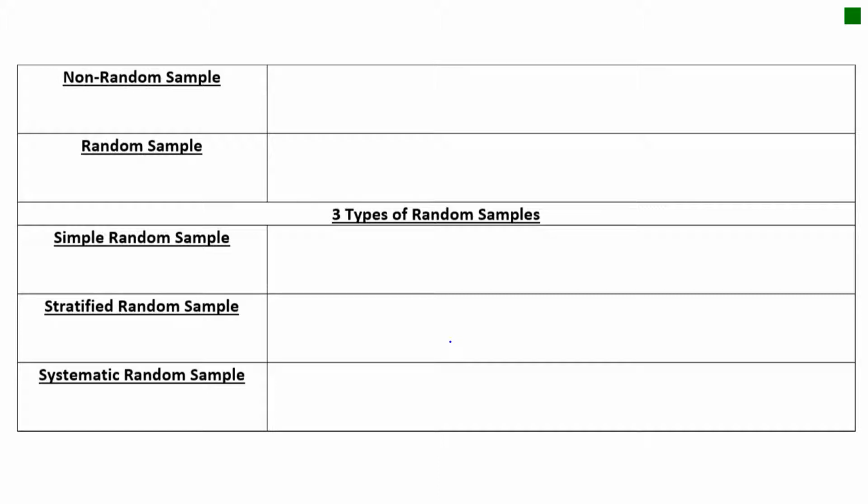So it's a method, how do we want to write this? Some elements, because it's not always people, right? Some elements of the population have no chance of selection.